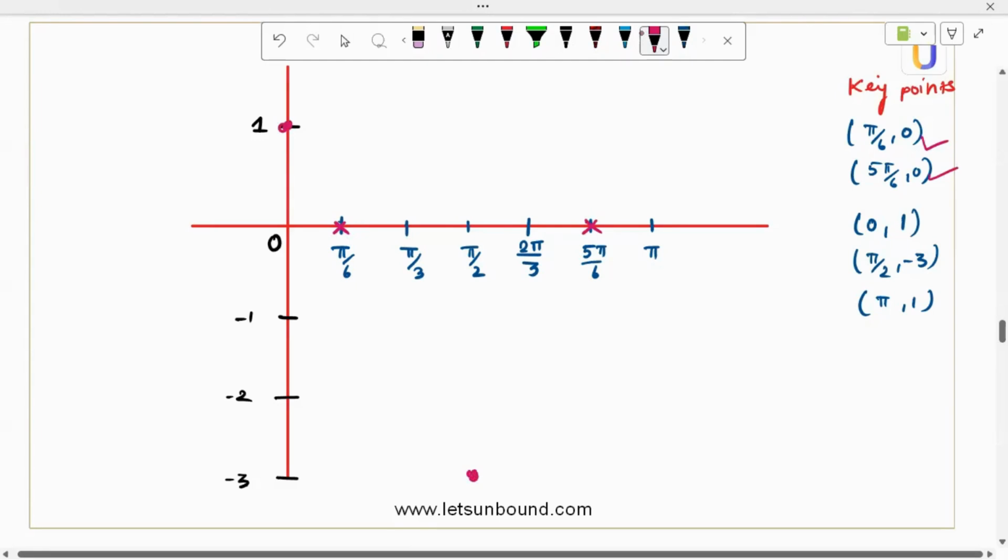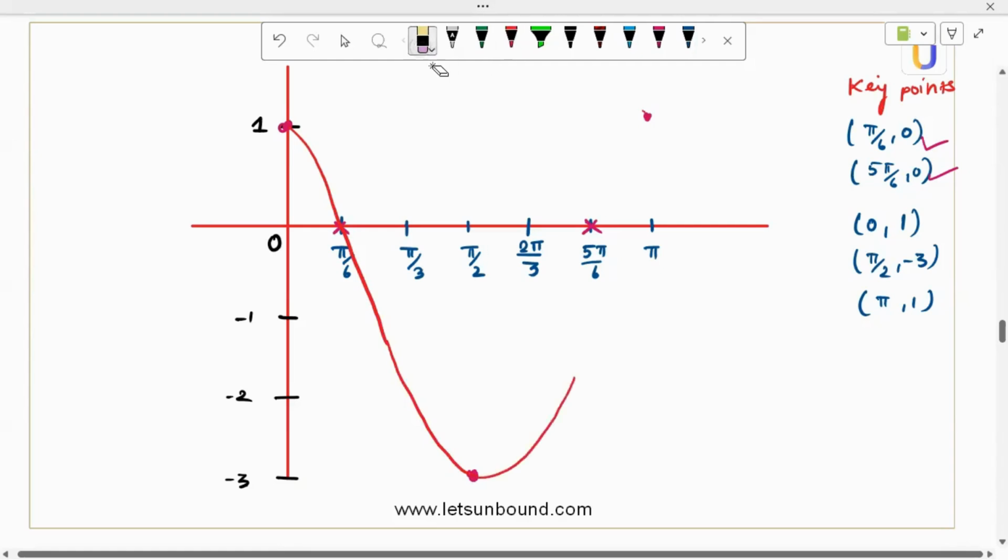Then at pi it's 1 again. And we know how the cos graph structures behave. So this will go and it will cross here and it should go down, right? Because this is the minimum. Then it should rise. This is not a correct way, but yeah. So there should be a smooth curve and it should go like this.